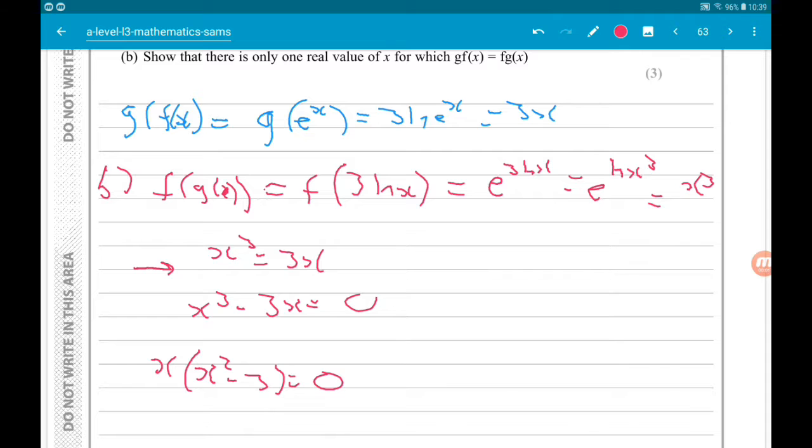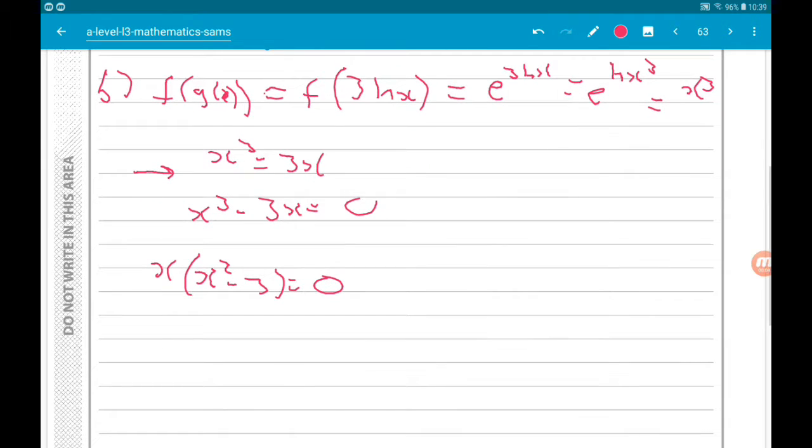Now then, this tells us that x can be 0 or x squared is equal to 3, which means that x is plus or minus root 3. So, at that point, you might be thinking, but we only wanted to show there was one solution.